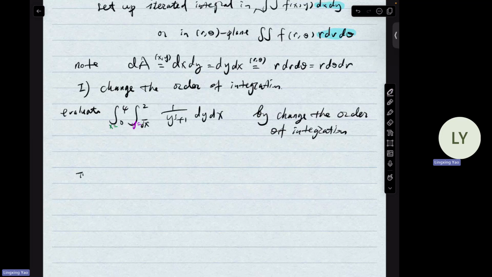Okay, and also in the application of the double integral, we need to remember how to compute the center of mass.